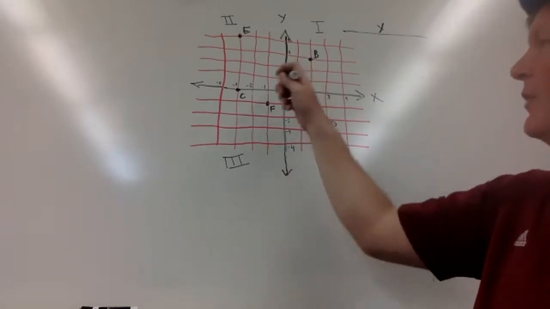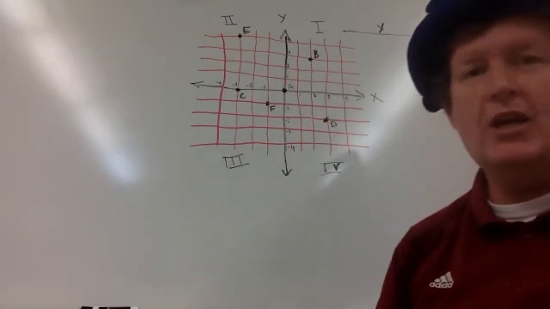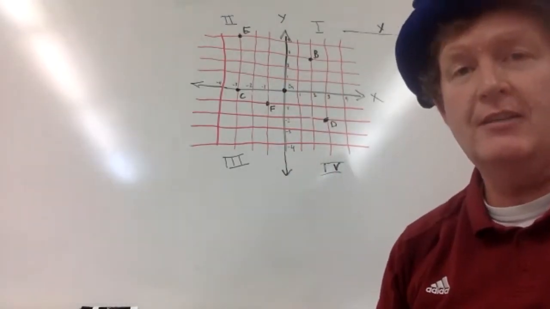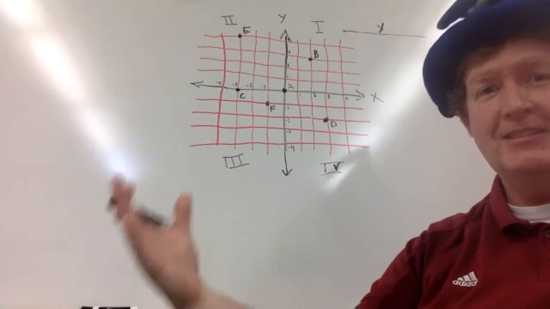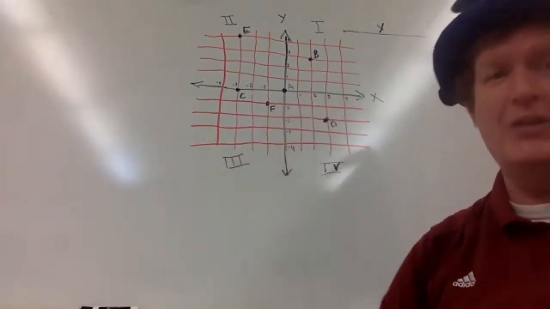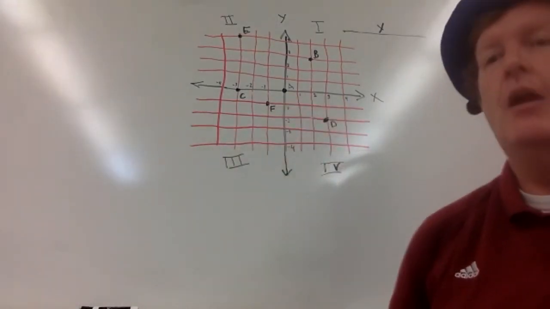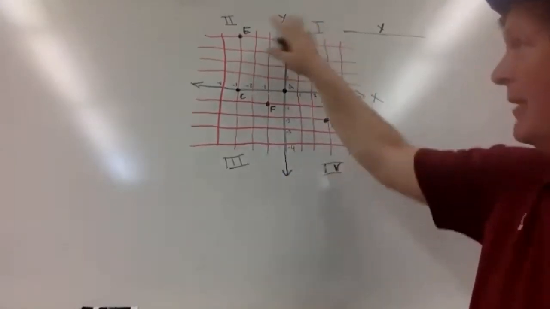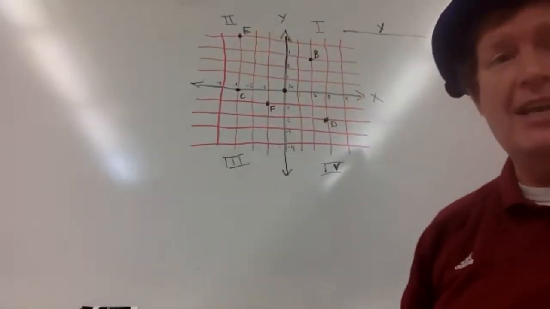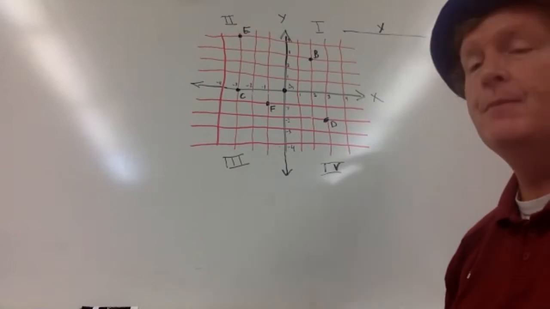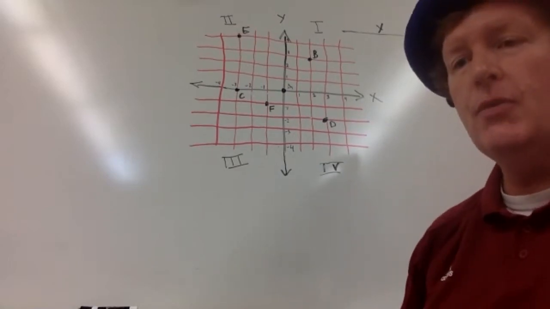Whenever we get this and we ask for the quadrants, we call it the origin. The origin. Okay? All right. I think everybody kind of got this down, right? You kind of understand this part.